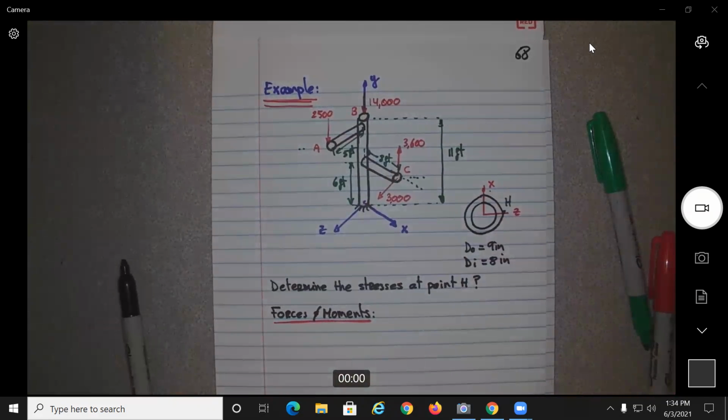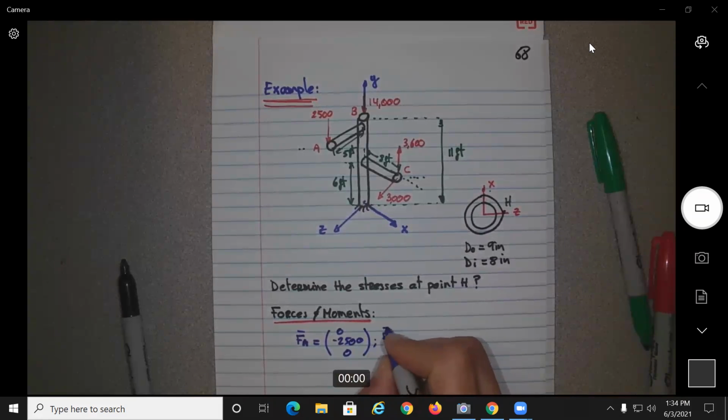So if we look at the figure, we have that F, the force at point A, will be on the y direction, negative, so 0, minus 2,500, 0. We'll have that F of B will be the same thing, 0, negative 14,000, and 0.